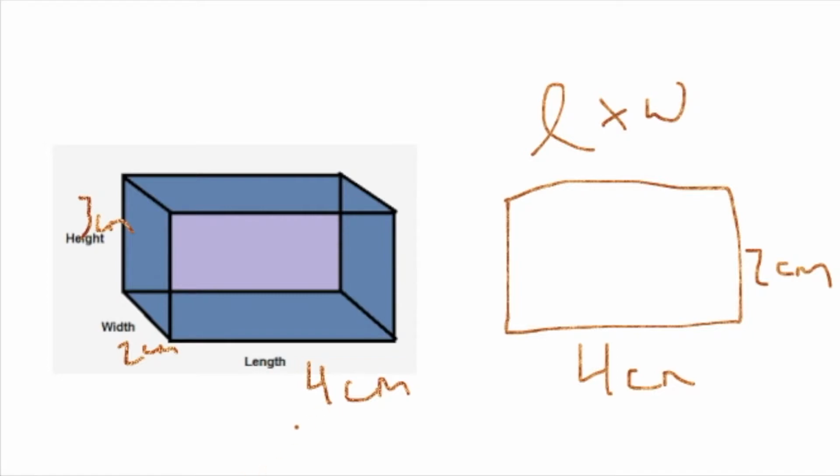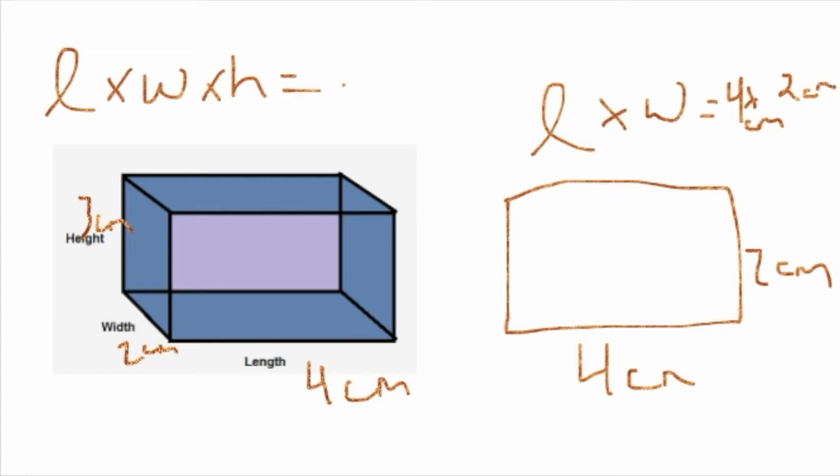And so for taking the volume, how much space could fit inside of the rectangular prism, we would go length times width times height. Just as when we're doing the area of a square or a rectangle, we multiply two sides, and 2 centimeters squared means I have 2 sides of 2 centimeters multiplied together.